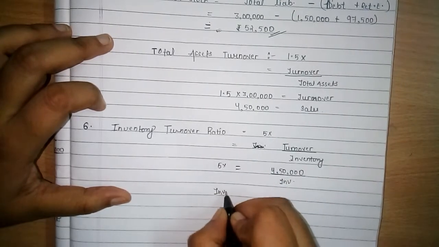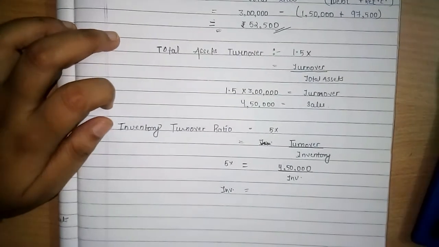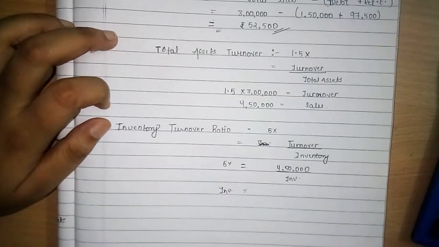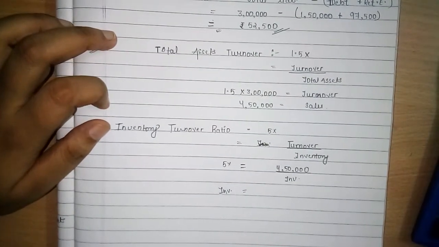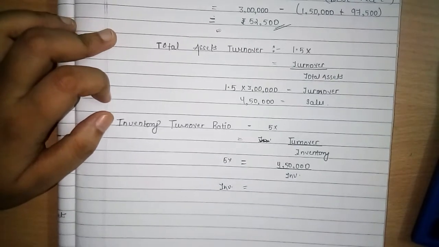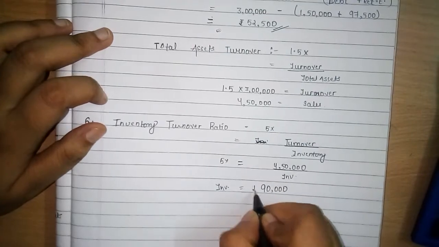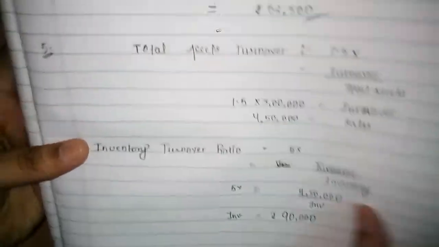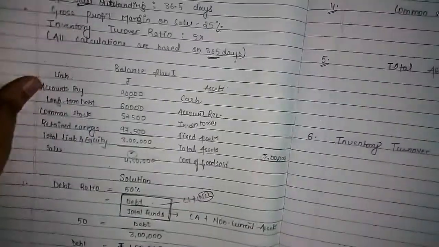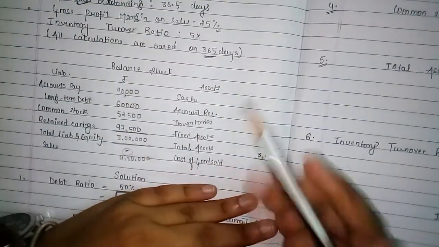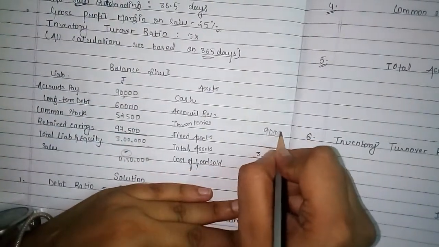So inventory comes 4,50,000 divided by 5. It comes 90,000. Okay, so one part is done in assets, that is the inventory part, that is 90,000.